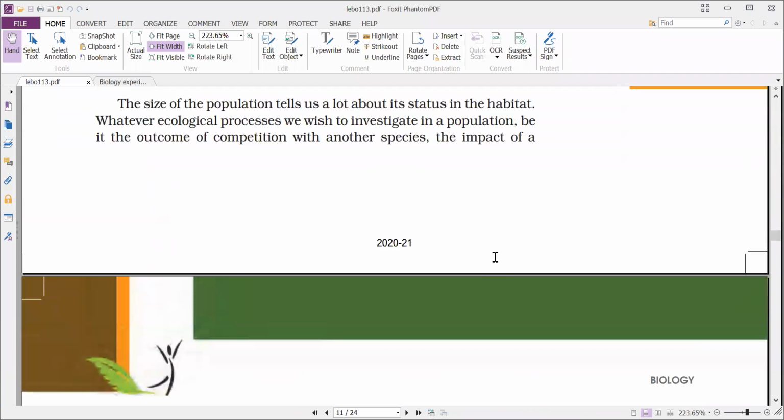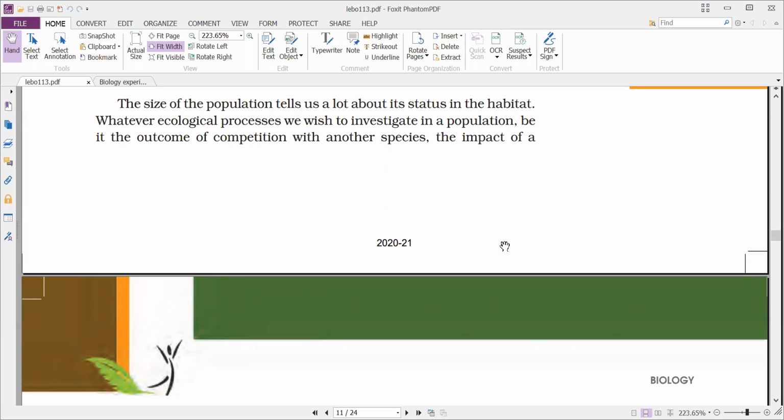That means, for example, if a person has introduced a new organism, how that organism is responding to the environmental changes, that we can study with its population.